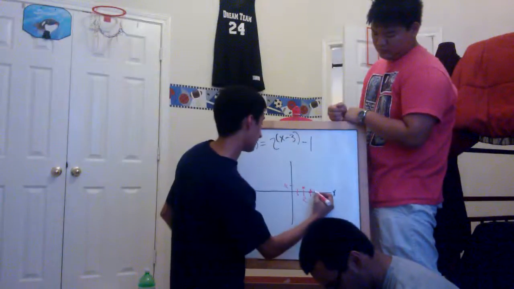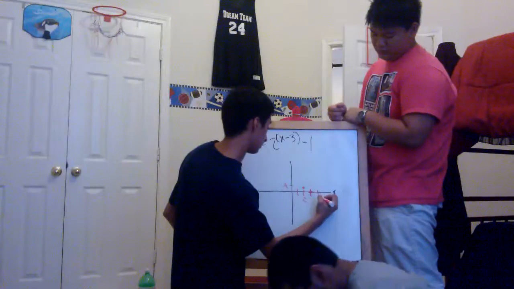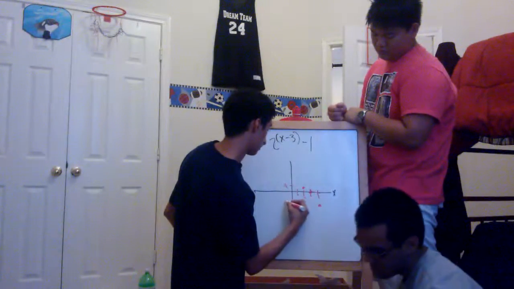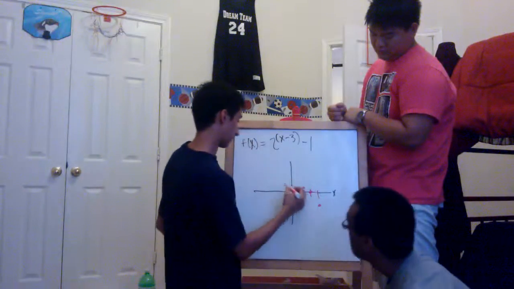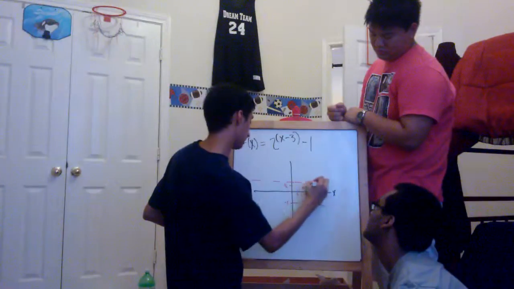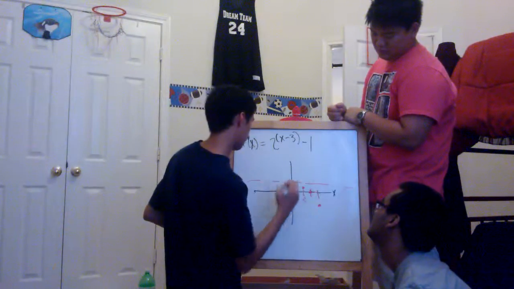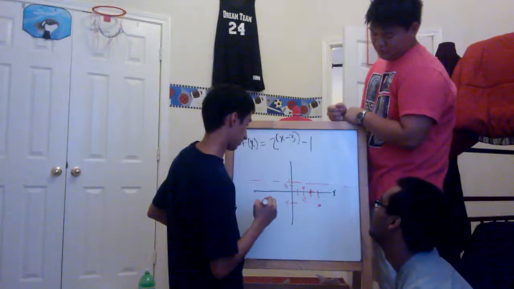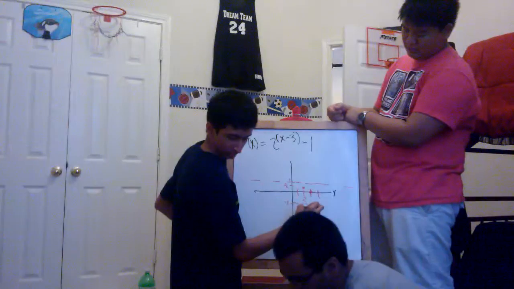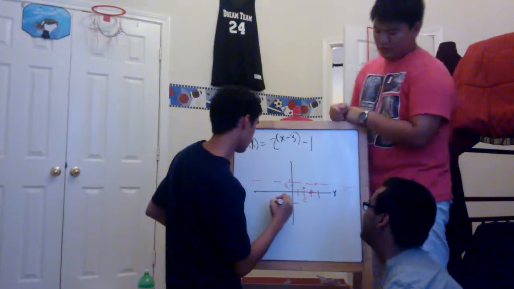And third point will be at 4, -1. The asymptote is at y equals -1.